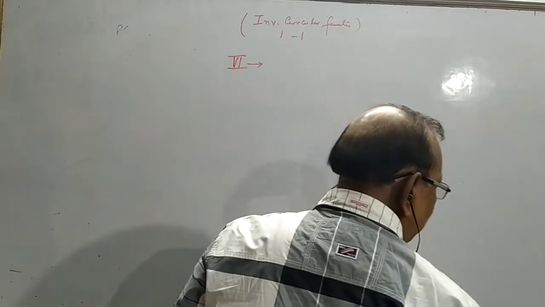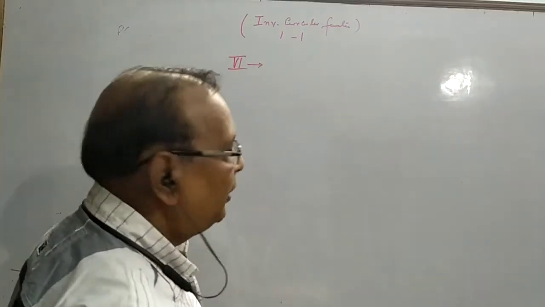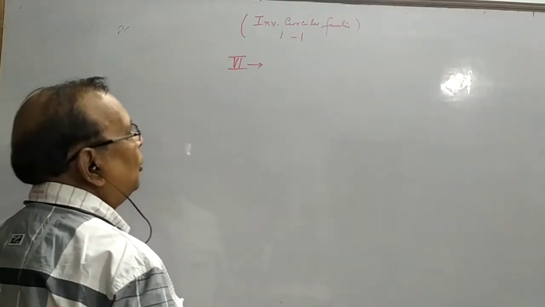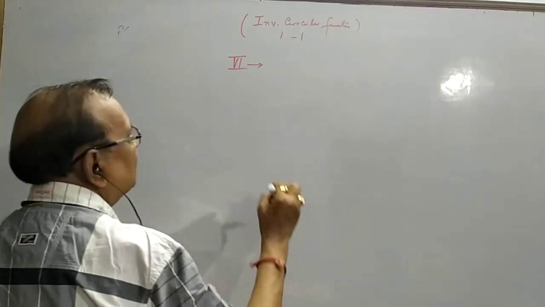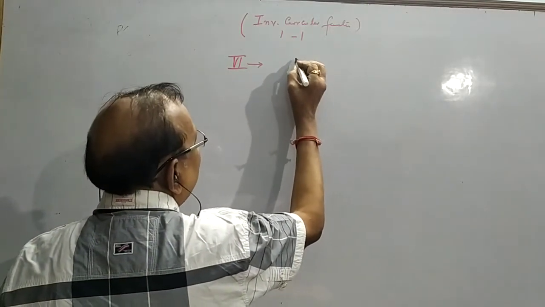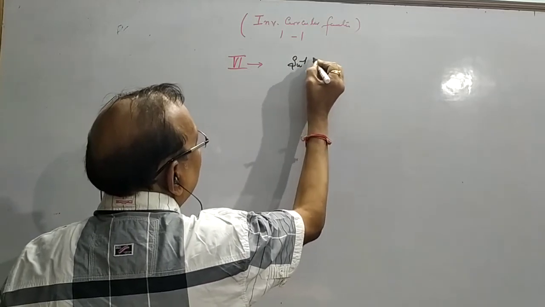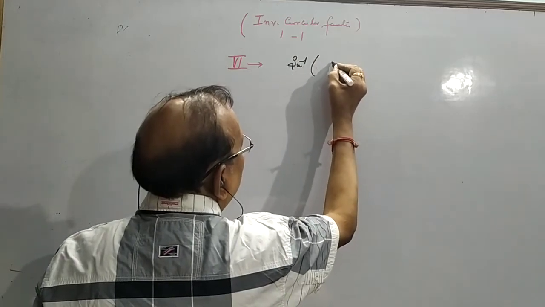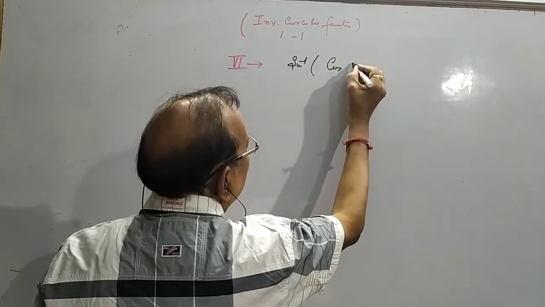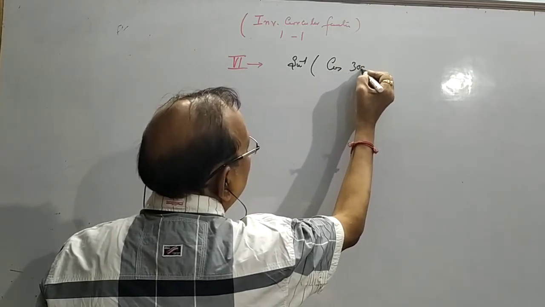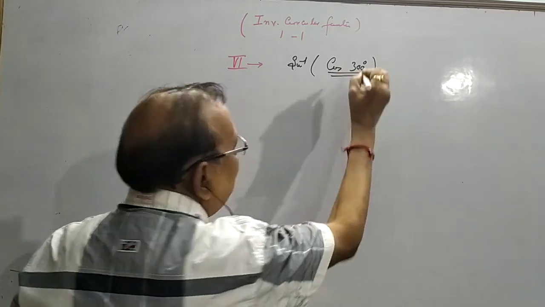We have to be very careful for the inverse of any trigonometric relation. Suppose we are interested in sine inverse cos 300 degree. First of all, write the value of cos 300 degree.